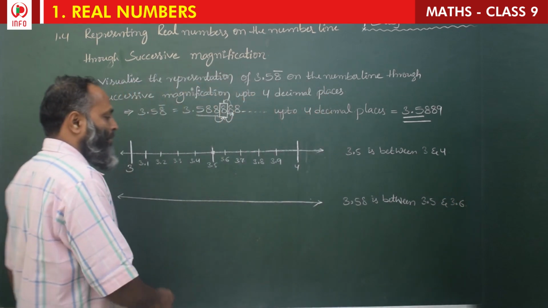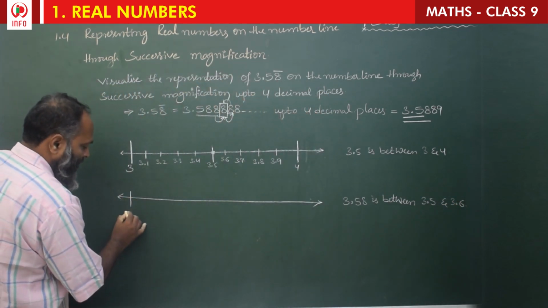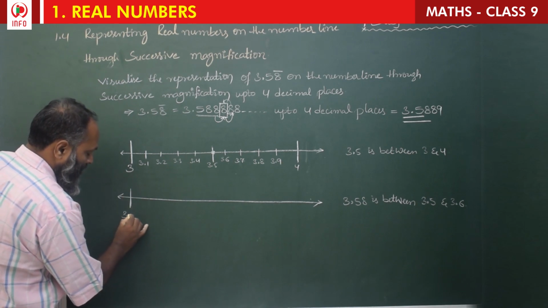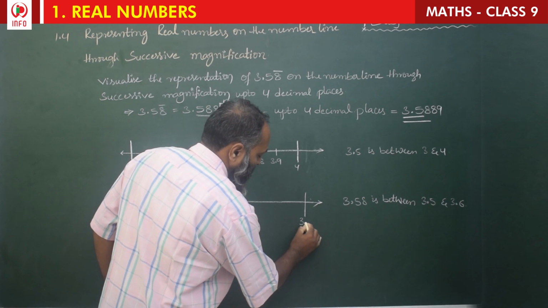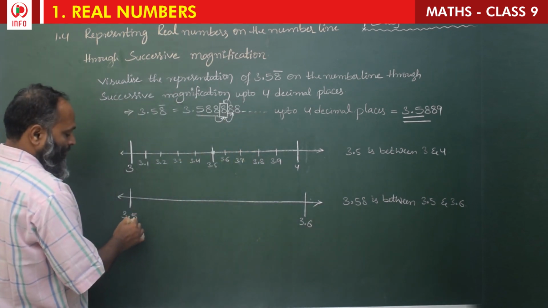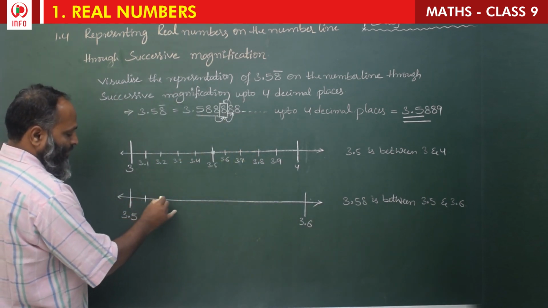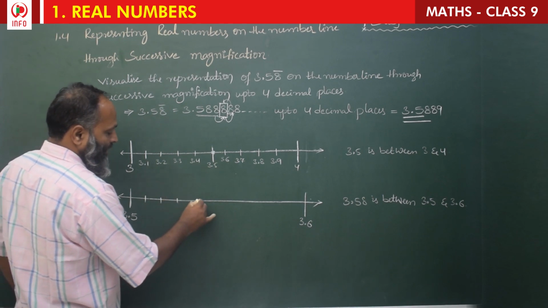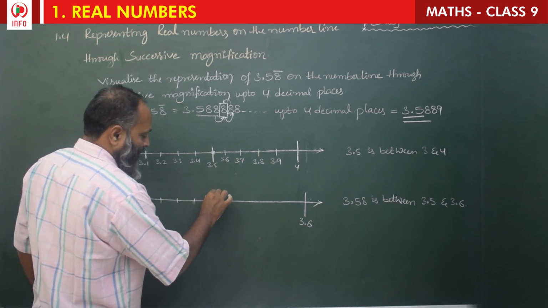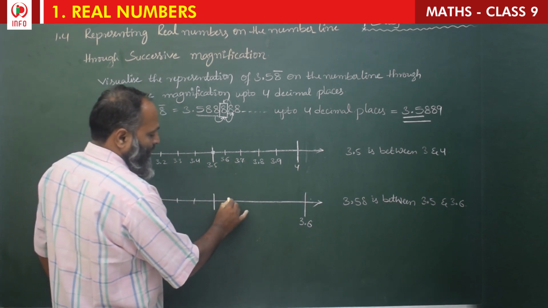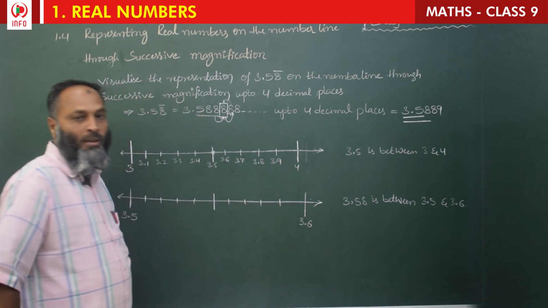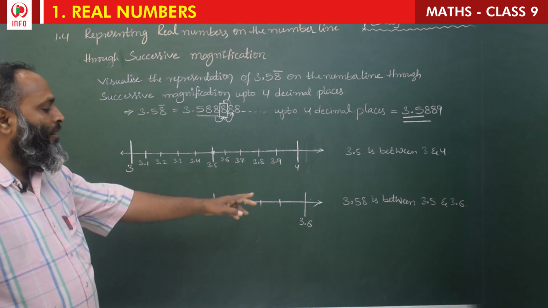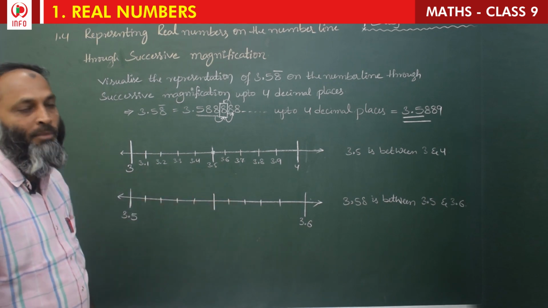So 3.50, 3.51, 3.52, 3.53, 3.54, 3.55, 3.56, 3.57, 3.58, 3.59, then 3.6 means 60.